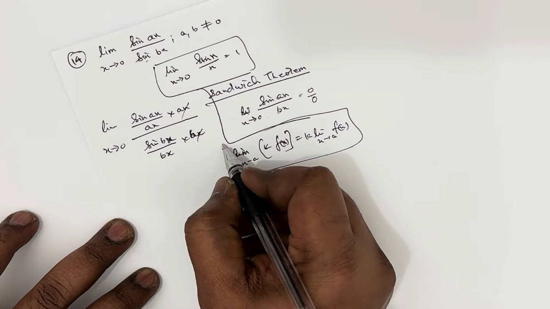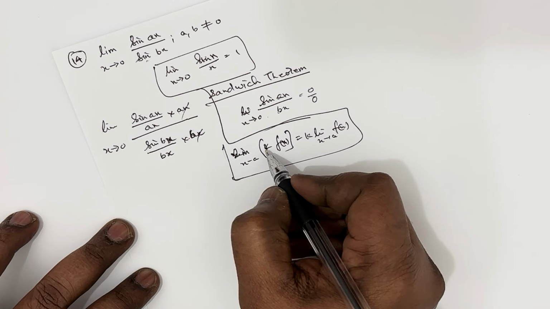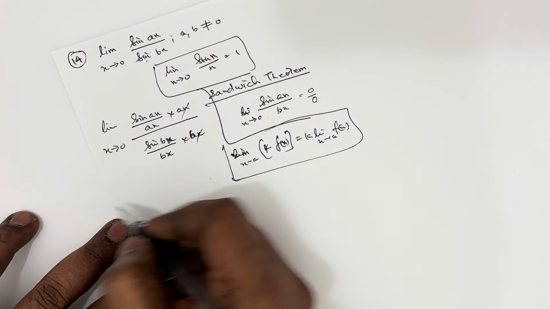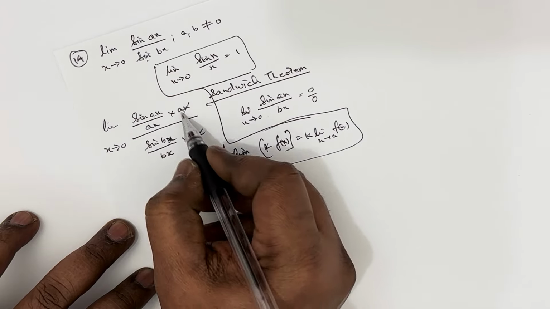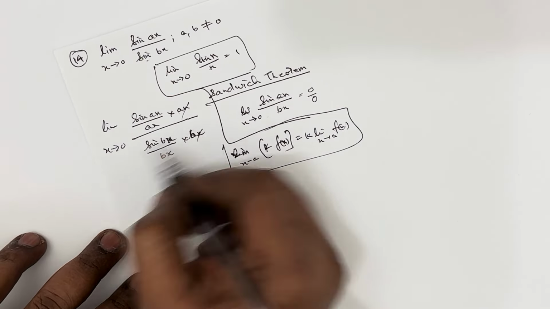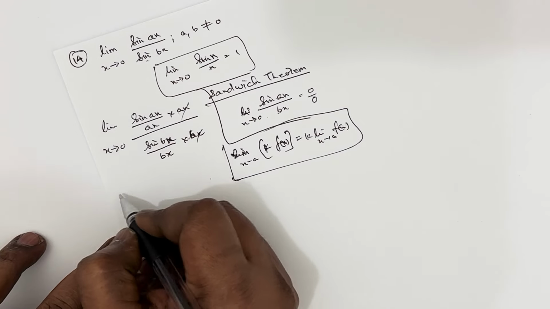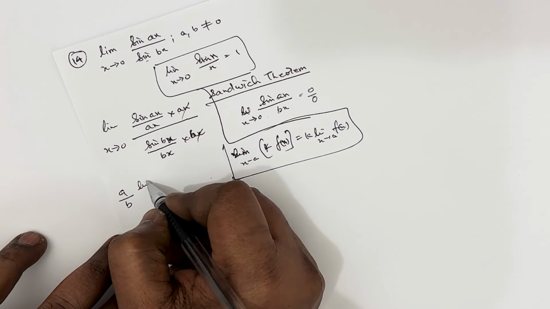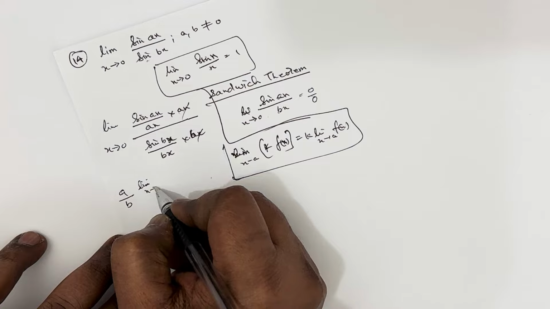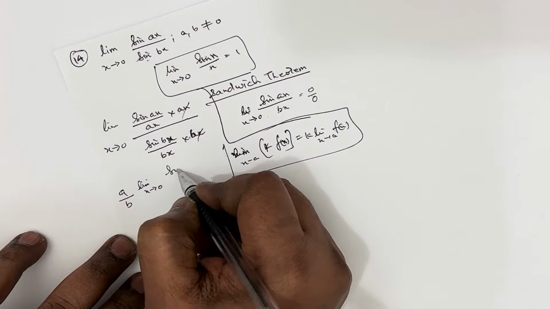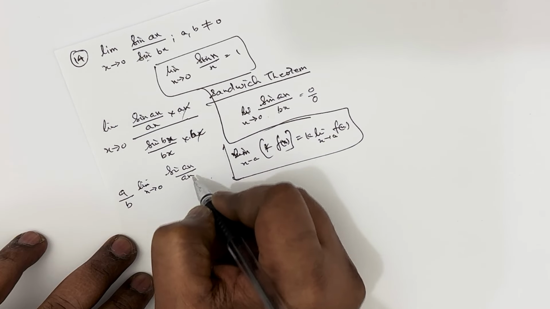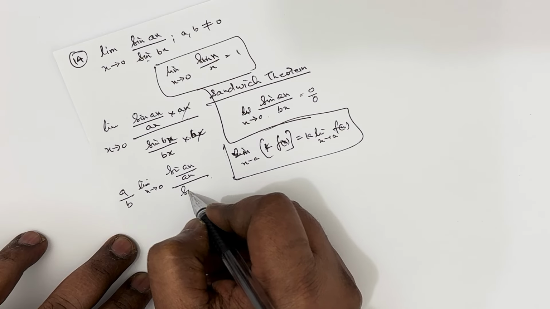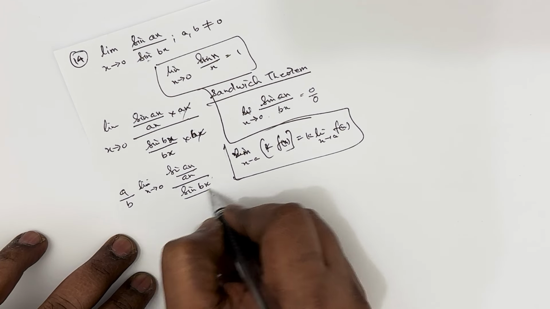The constants can be brought out of the limit. So in the same way here, we bring the two constants, a and b, out of the limit. So it can be written as a upon b limit x tends to 0 of sine ax upon ax by sine bx upon bx.